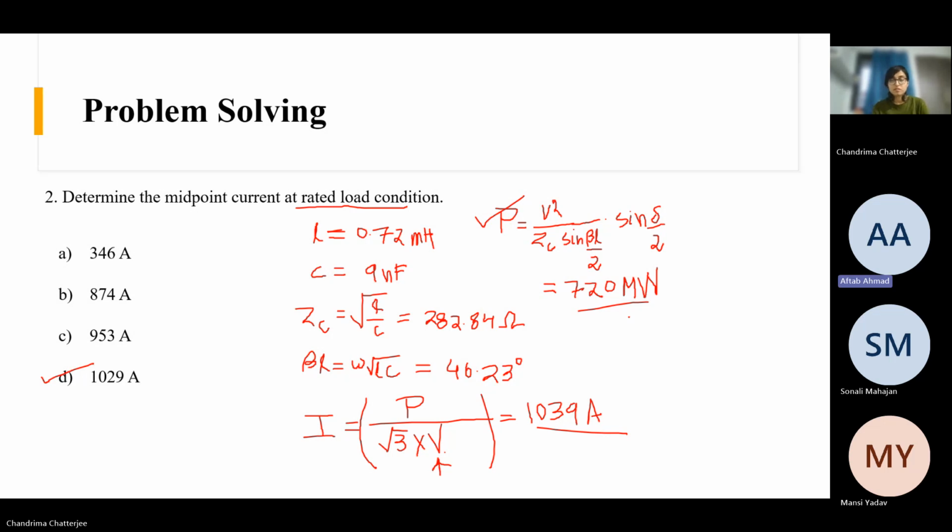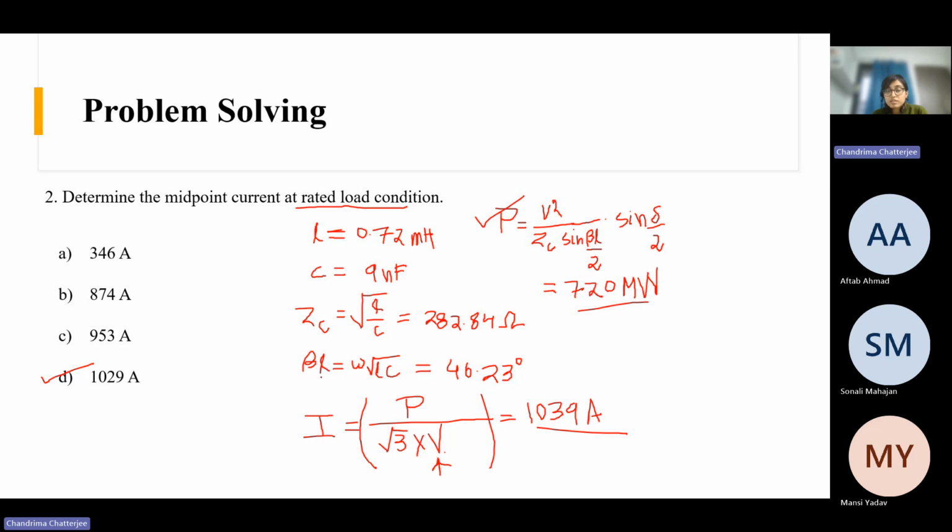Beta L is omega under root of LC. I did not get the value 46.23. Sorry. The beta is equal to omega under root LC, and that comes out to be 46.23. So I have a doubt in this.